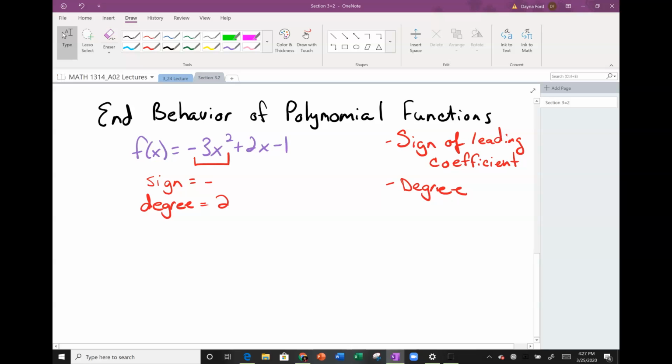With that being said, if you recall, when we were looking at these four parabolas, if it was negative, it meant that it went down. Okay? If my sign was positive, then it was going up.